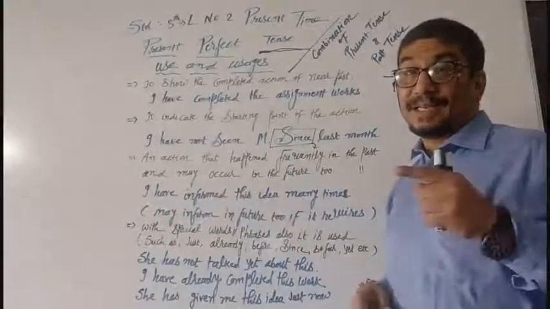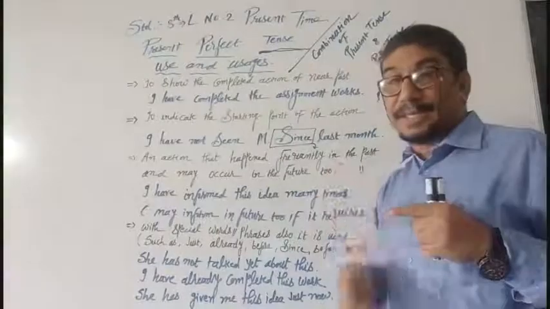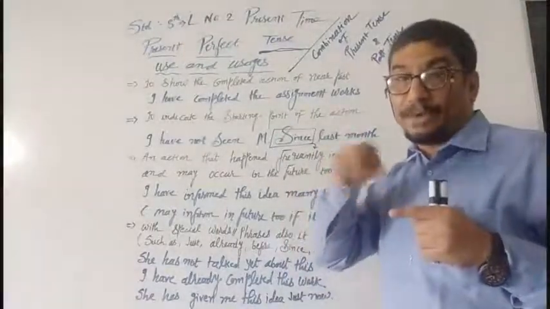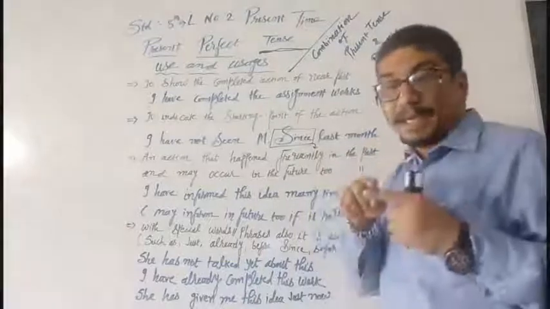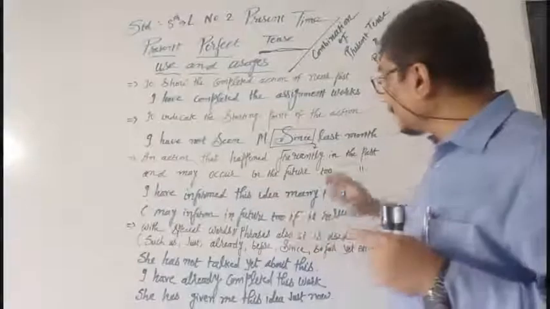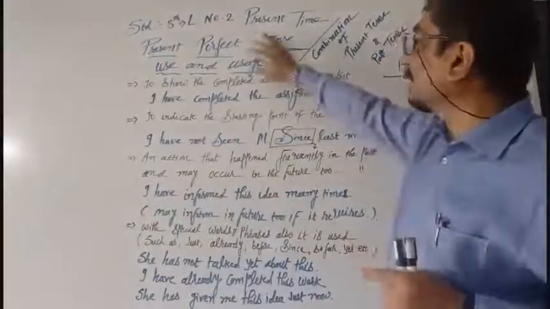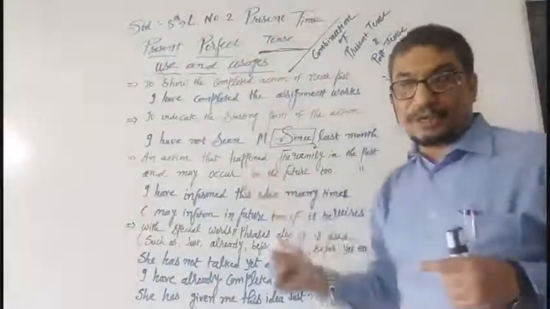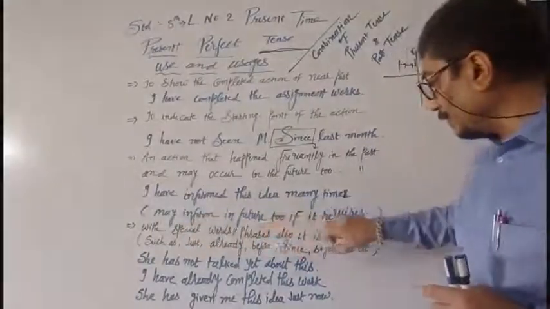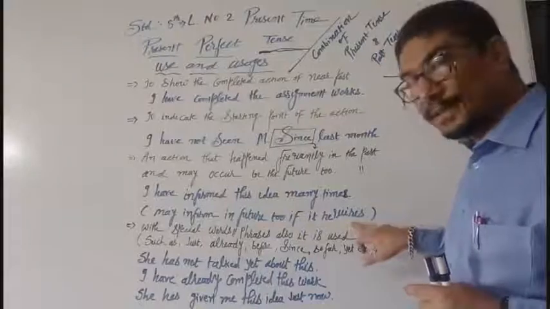So informing about this idea to higher authorities is an action that happened frequently in past and may happen in future. This is the special use and usage of present perfect tense. This should be kept in your mind. I may inform in future too if it is required.